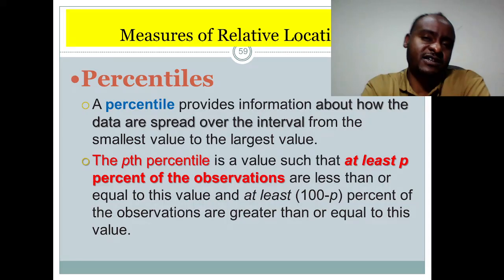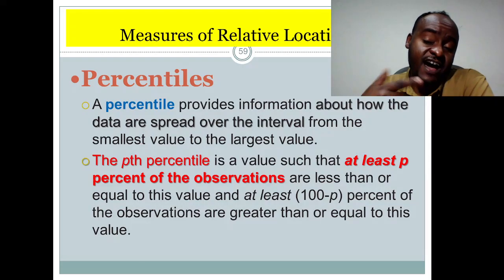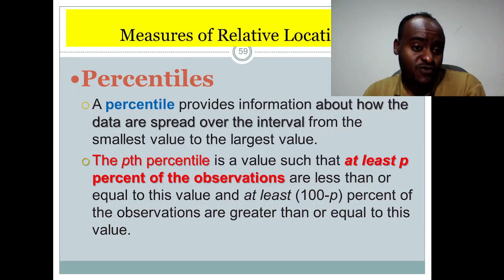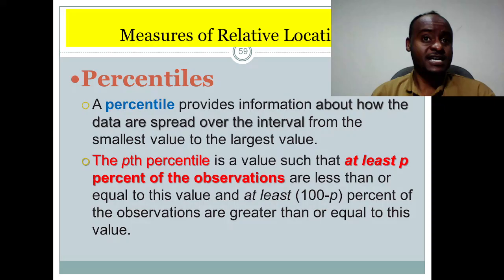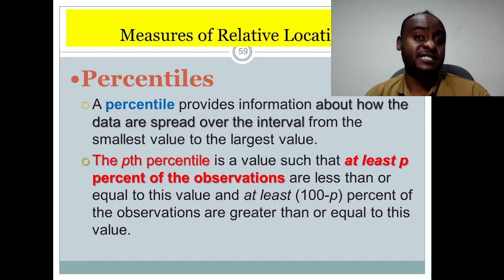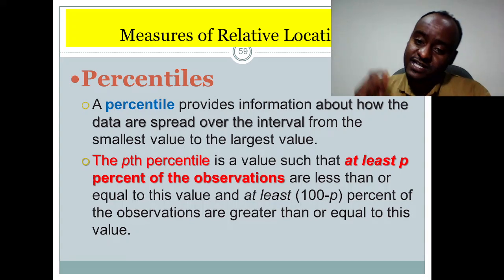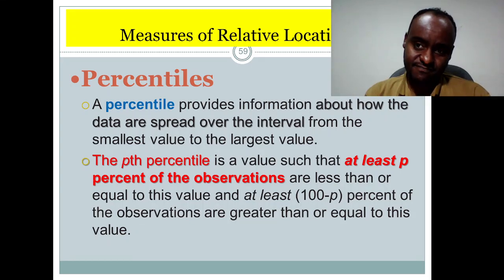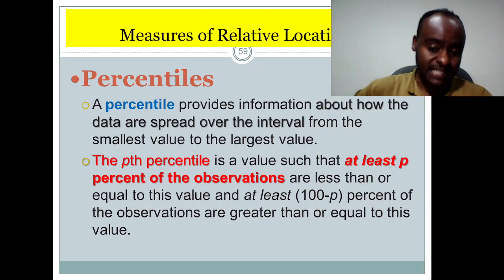When we say 25th percentile, let's say the value for the 25th percentile is some data point, then the interpretation goes like this: 25% of the data is less than or equal to that data value.